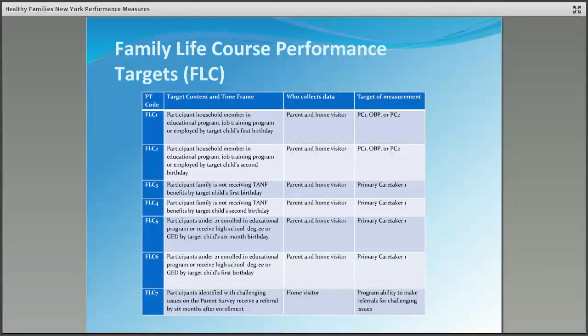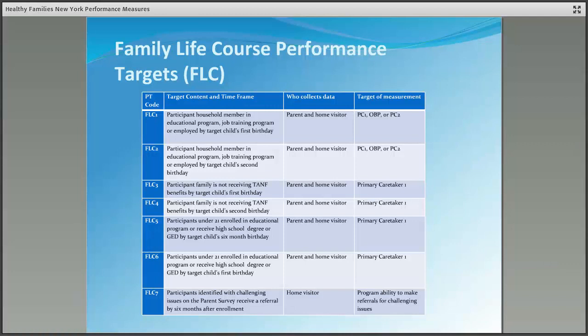and that is called Family Life Course, or FLC. For the previous targets, we looked at outcomes for the target child and the PC1. For these FLC targets, we will expand our outcomes to include other caregivers in the home, like PC2 and OBP.